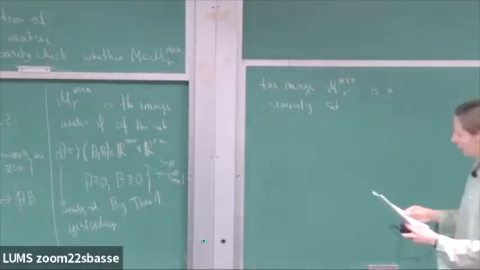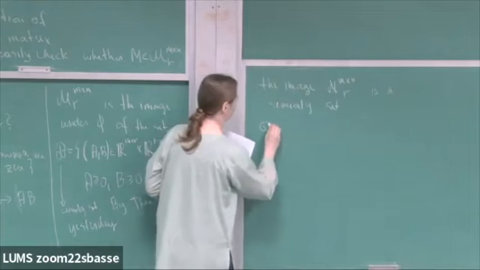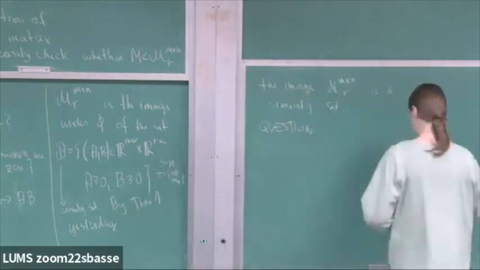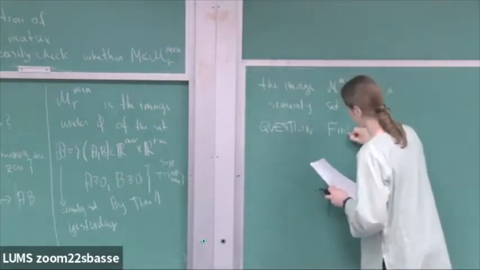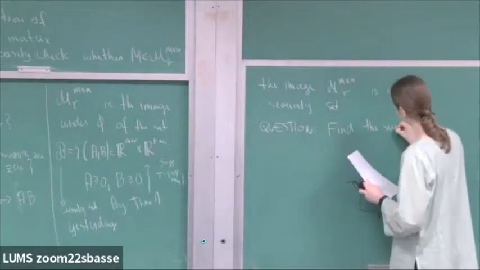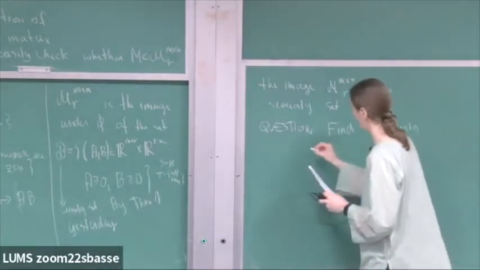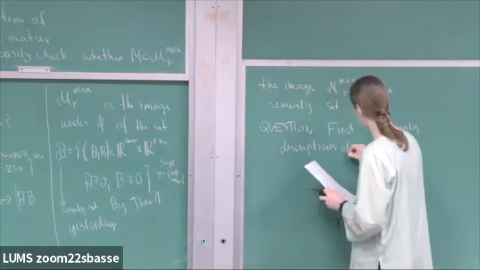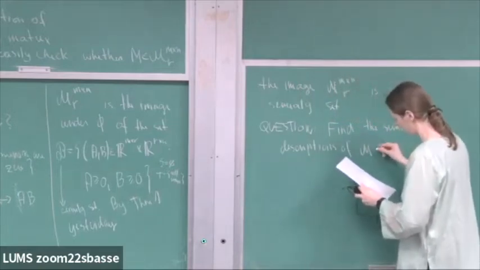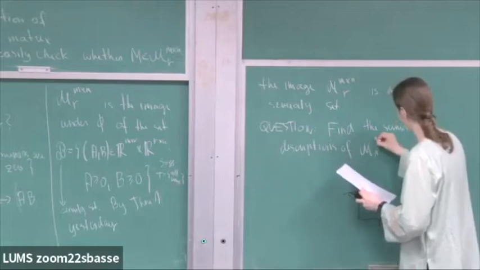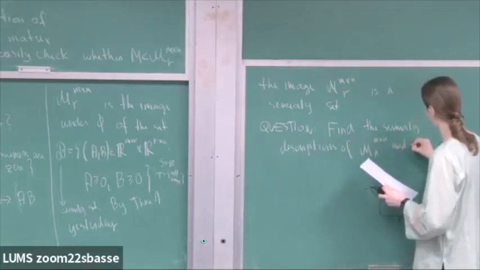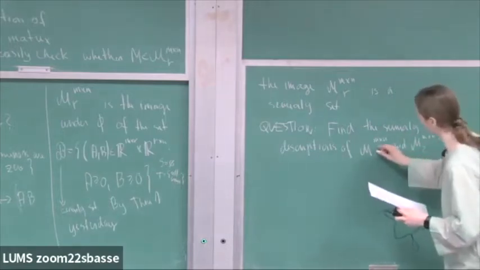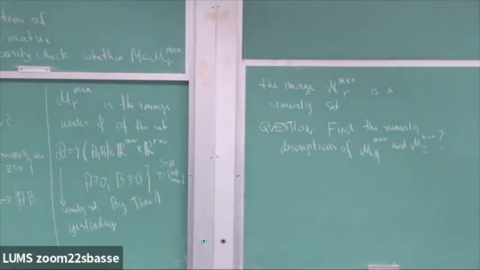Okay, so are we all on the same page? If you thought about the homework or exercises yesterday, but even without that, my question to you is: find the semi-algebraic descriptions of M_1, in M times N, and M_2, in M times N. So the two special cases when we consider the non-negative rank at most 1 and non-negative rank at most 2.